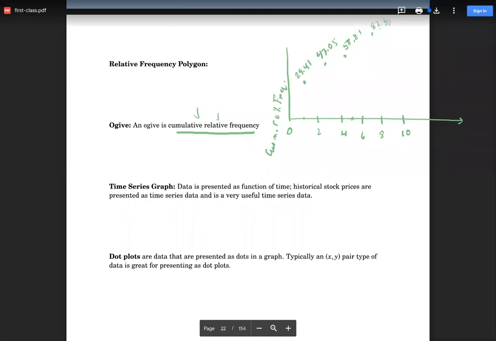And then the last one, if you add it, is going to come up to 100%. Okay, so now you just connect this, and that's what is cumulative relative frequency. What it is doing, it accumulates as it progresses. It's cumulative.